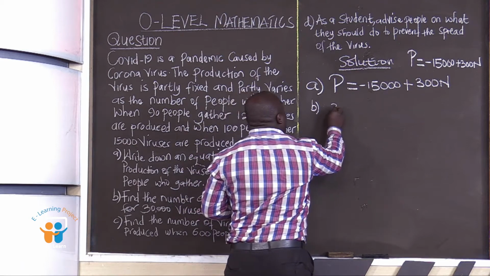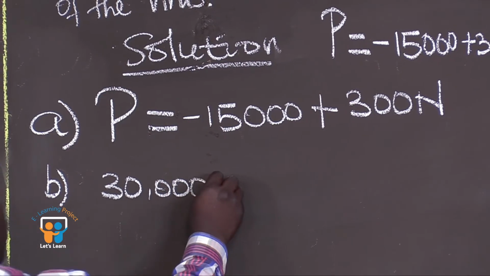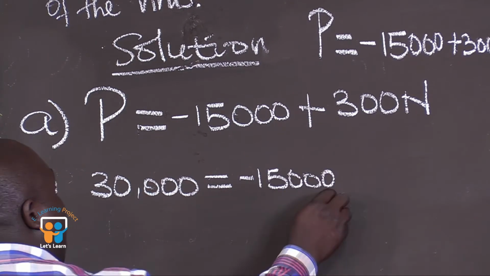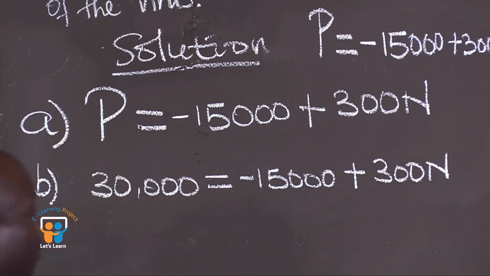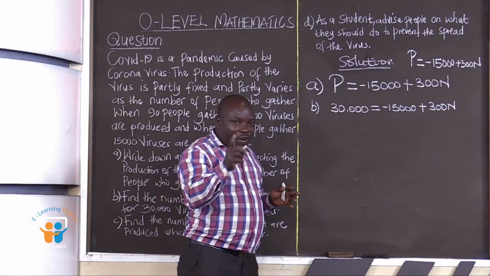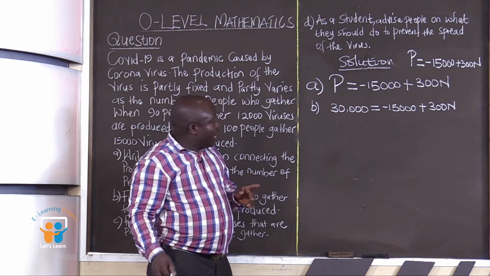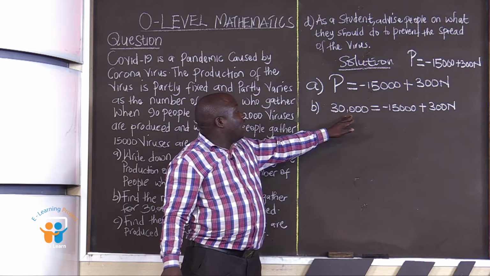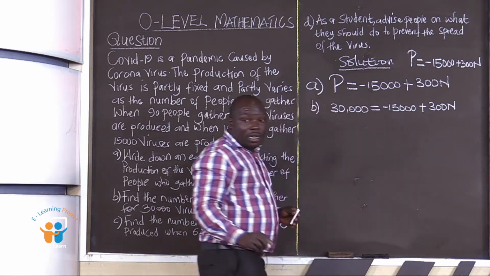And we say 30,000 equals negative 15,000 plus 300 N. Yes, we are looking for N. We are looking for the number of people who can make a production of 30,000 viruses. So we are going to put negative 15,000 on the left.